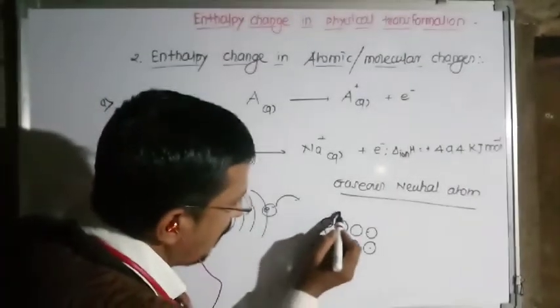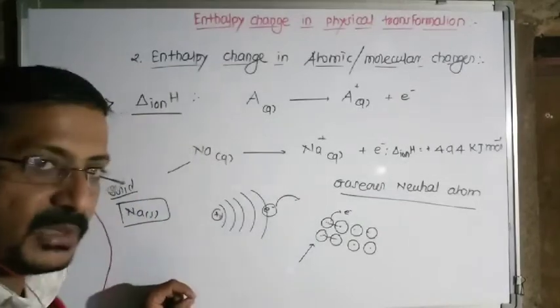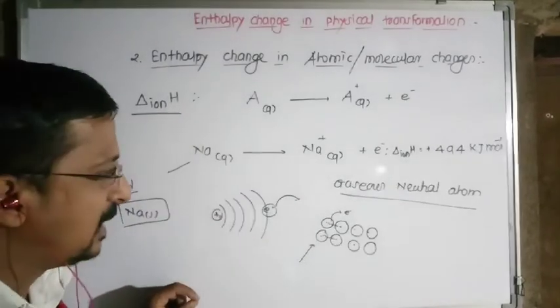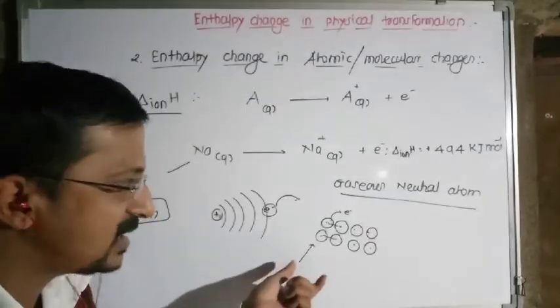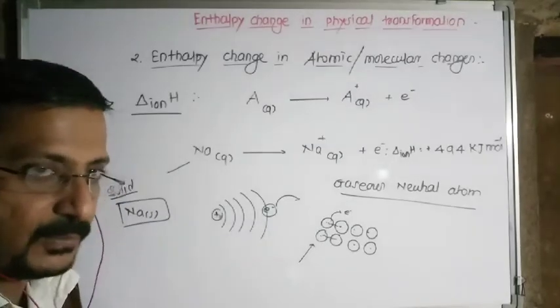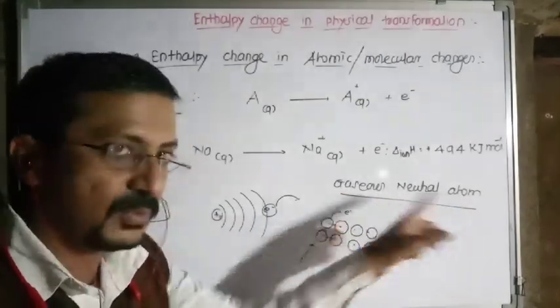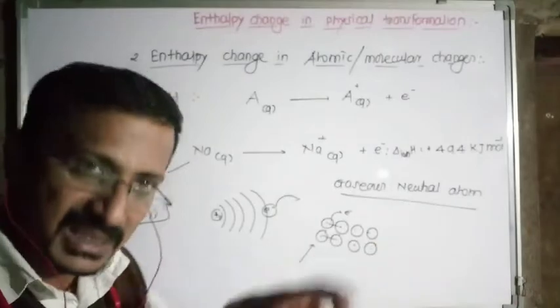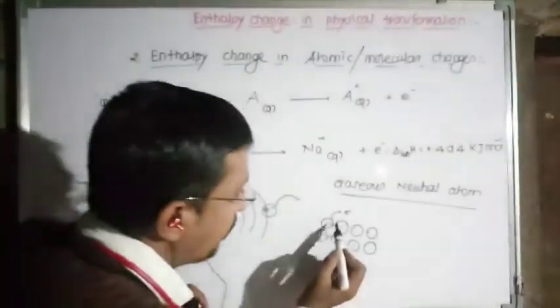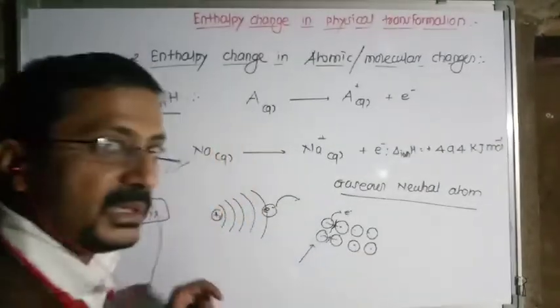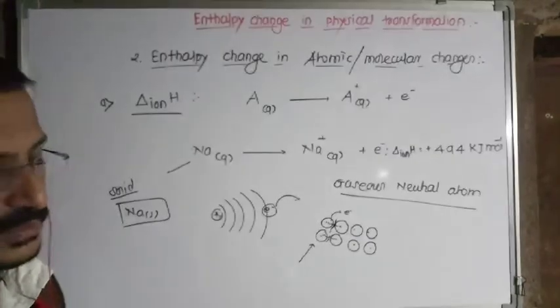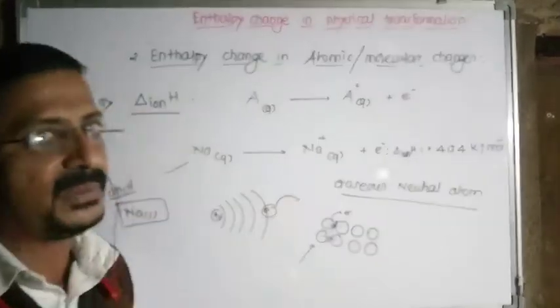In that case, if we supply energy to remove the outermost electrons from each atom, that energy is not fully utilized for the removal of electrons, because some amount of energy may be used to break the bonds between the atoms. So in that case, there is no exact value of enthalpy of ionization.